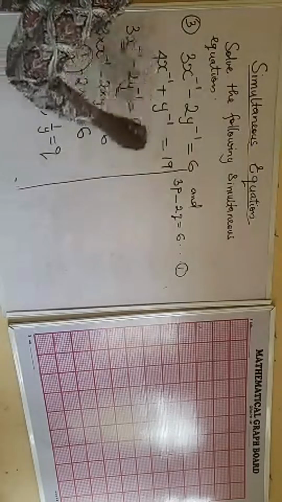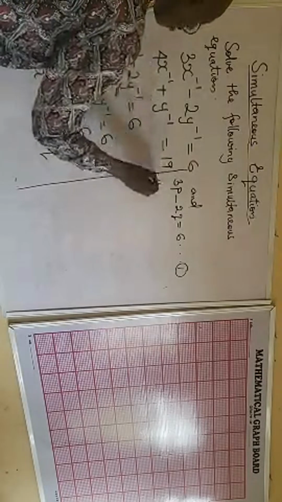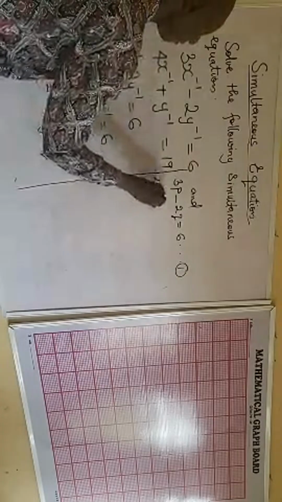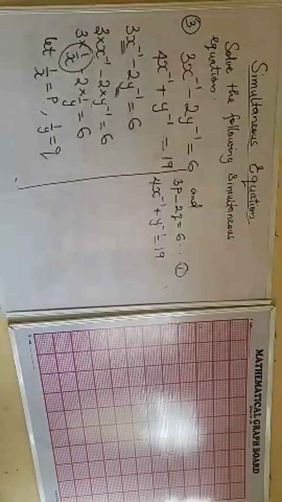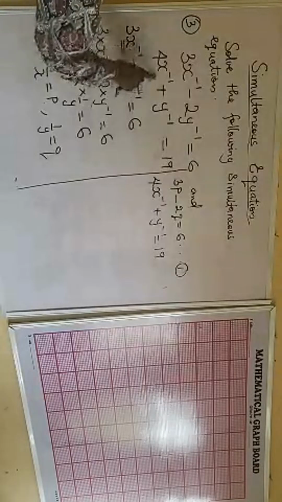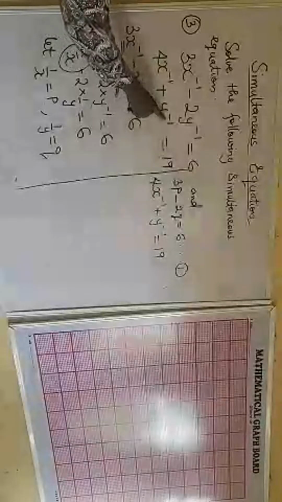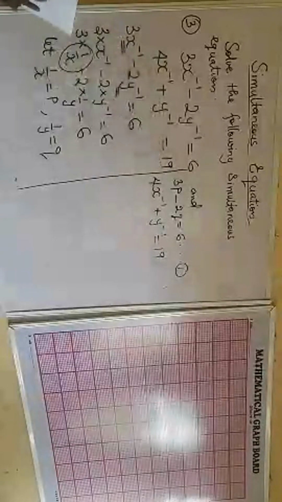Okay, let's also do the other one which says 4x raised to the power minus 1 plus y raised to the power minus 1 is equal to 19. Let's take equation 2, which says 4x raised to the power minus 1 plus y raised to the power minus 1 is equal to 19.